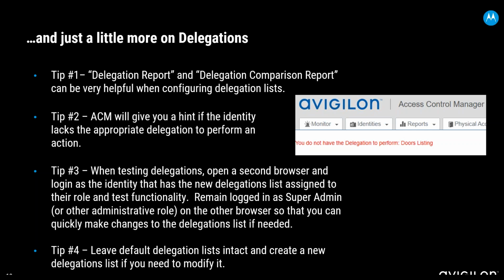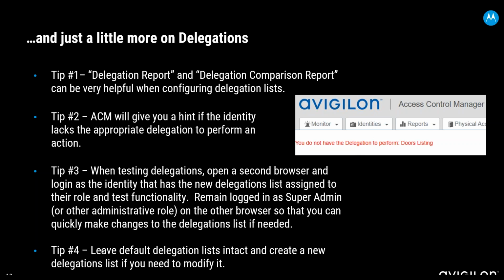One browser I've got opened, and I'm logged in with an identity that's part of the super admin role. And then I'll use a separate browser, and I will log in as the identity that has more restrictive delegations. And then when I get this message that says I need a certain delegation, I just pop over to my first browser, add that delegation, and then come back to the second browser, and then I can test. So it just speeds up the testing process.